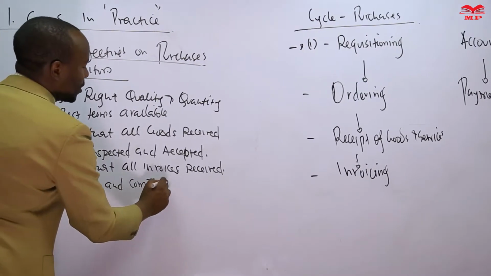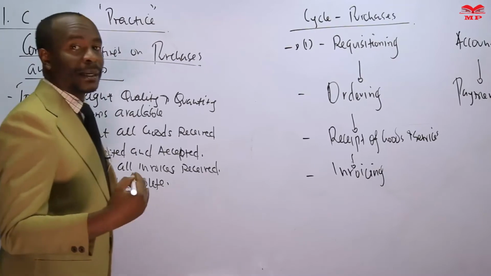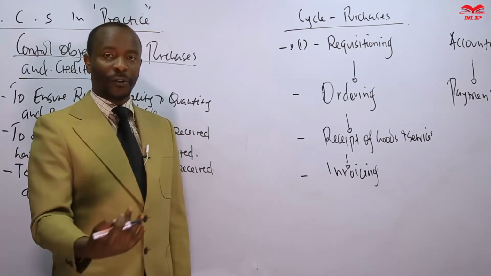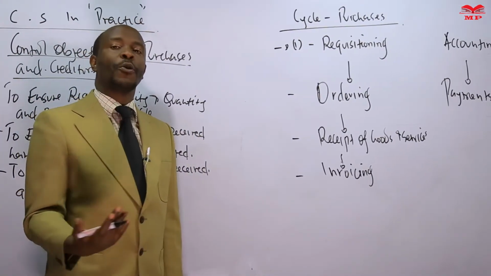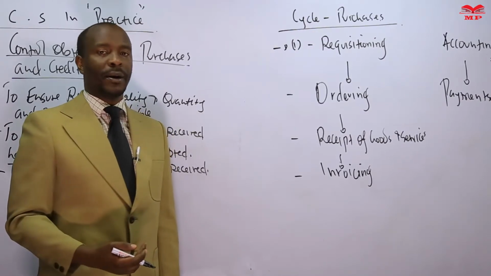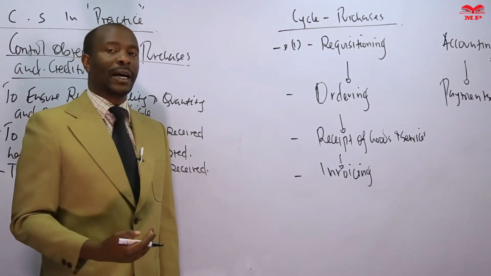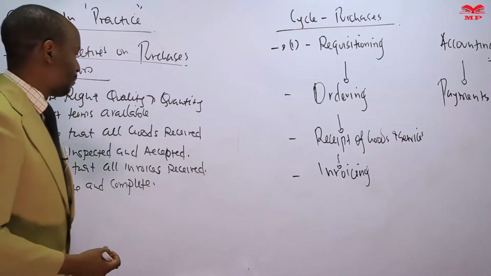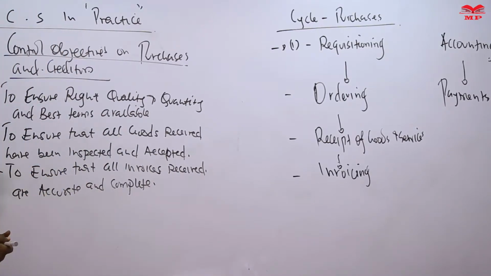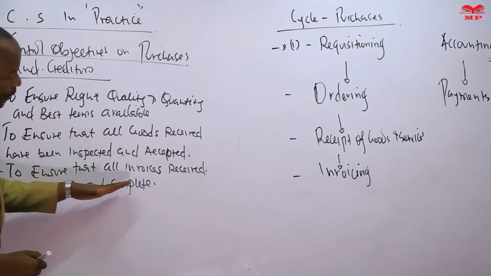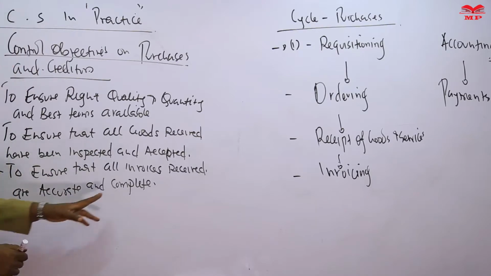We do not want a situation whereby you purchased goods and then the invoice was inflated, such that now you're paying for goods that were not required, or you're paying for goods at a higher price than what had been expected. And that becomes another objective, to ensure that if we receive an invoice, that invoice is accurate and it contains all the details that are supposed to be contained there.